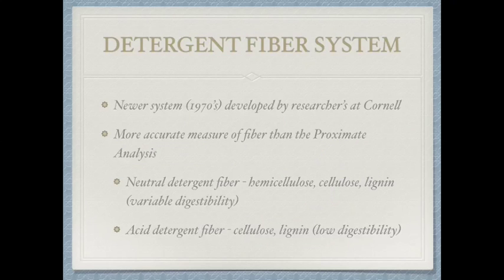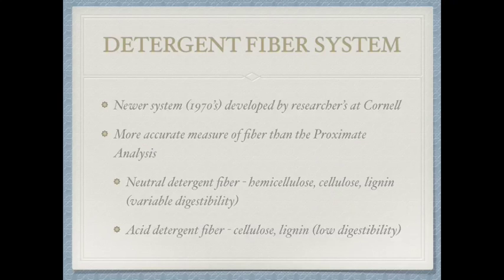However, that system is not perfect. What we found was that estimating the carbohydrates in the proximate analysis wasn't really accurate. There was a lot of crossover. It didn't separate into as descriptive categories, because some of the fiber would wind up in the nitrogen-free extract and some of the NFE would wind up in the fiber, and it wasn't as clear-cut as we'd like it.